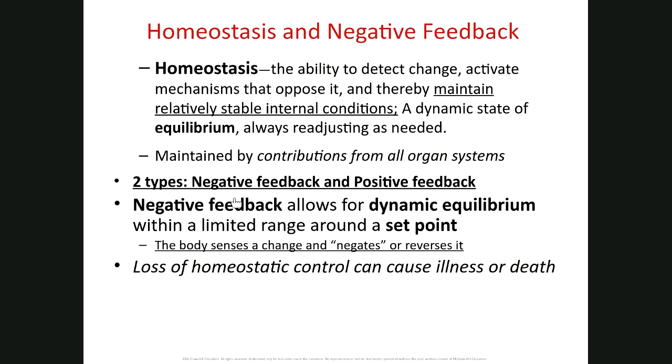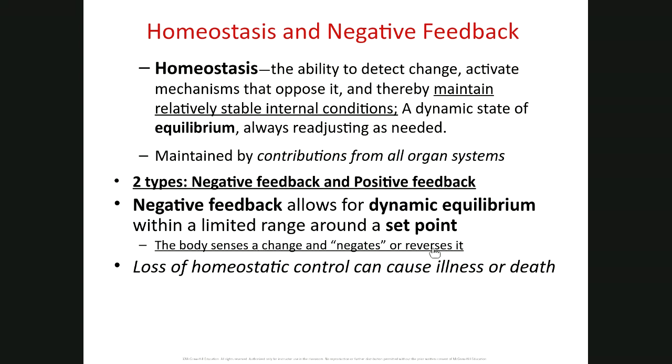What we'll see is negative feedback, and what that means is that the body senses this change in body temperature, and a process will begin that results in reversing that change or canceling that change or negating that change. That's why it's called negative feedback. We're going to have a reversal in the direction.